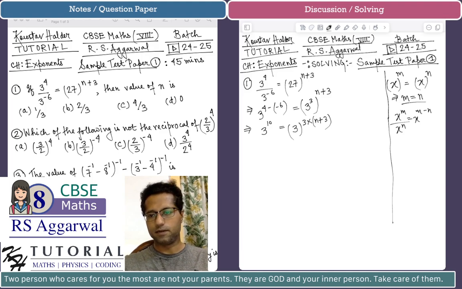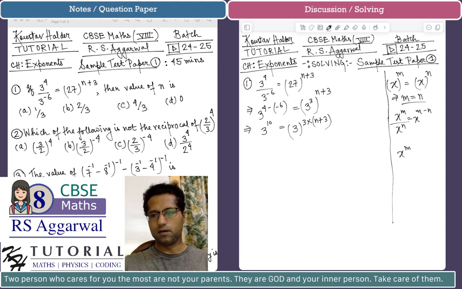The concept applied is that if we have an exponential term of the form x raised to the power m, where x, whenever I'm using x on the right hand side, please note that it is a non-zero rational number, and all the powers m and n are integers. That is, they could be positive integers, negative integers, or even 0.